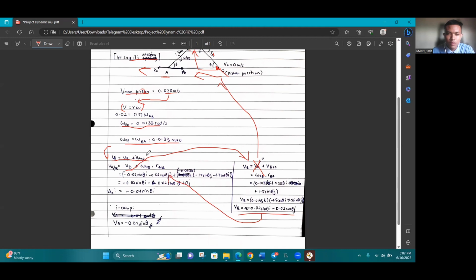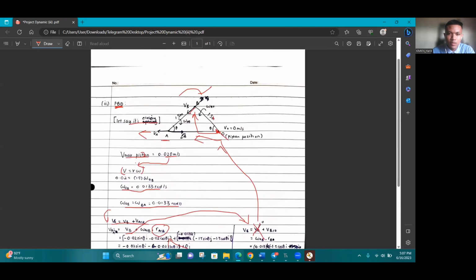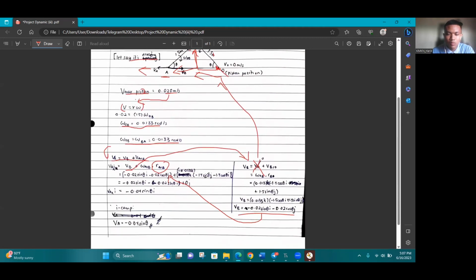For the VAB, same goes as VB just now. We can find the RAB from the FBD, which is the movement from B to A, negative J, negative I. So we conclude negative 1.5 sin theta J minus 1.5 cos theta I. The omega we use is the first one we found, 0.0133 K right here.